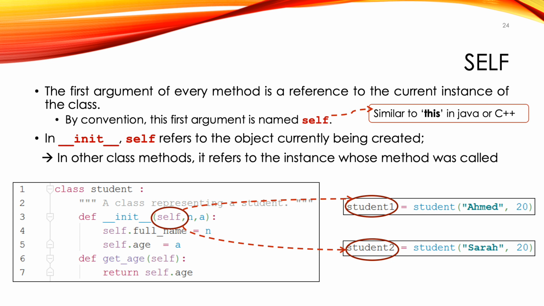For example, in Java, we use the keyword this to refer to the instance of the class. So now, if we create an object student1, self will refer to student1. And when we create object student2, self will refer to student2 object. At this point, all you need to know is you need to pass self as the first argument of any function when you define it in a class in Python.